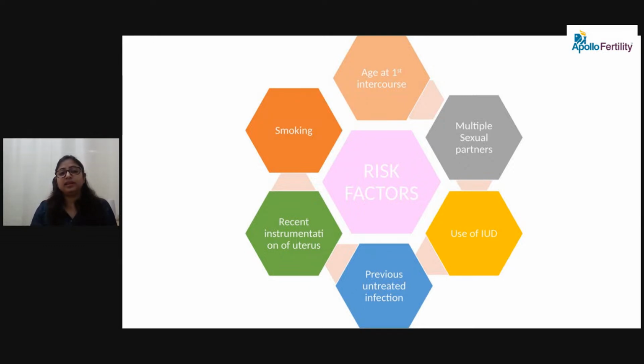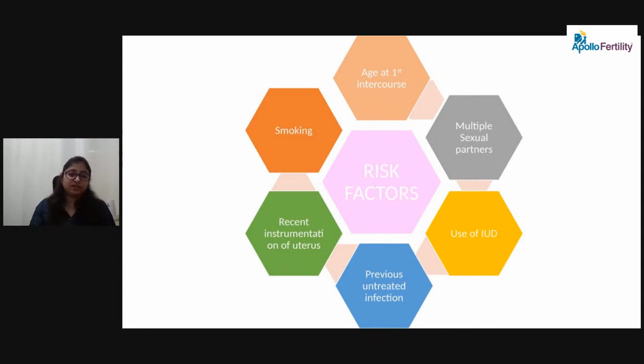There are many others, like herpes infection and human papilloma virus infection. Even tuberculosis can spread and cause infection in the pelvic organs. These multiple infections can affect the organs in the pelvis, which in the long run can cause infertility, and we'll be seeing how it causes infertility.